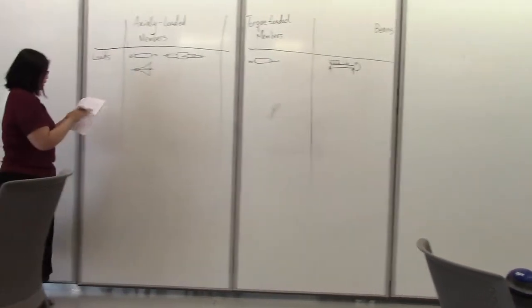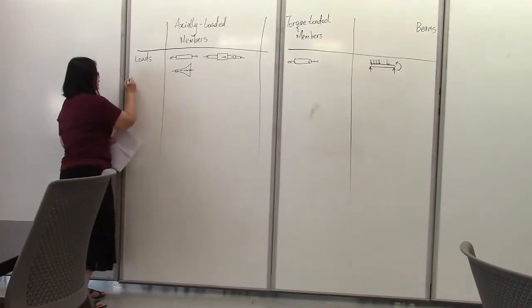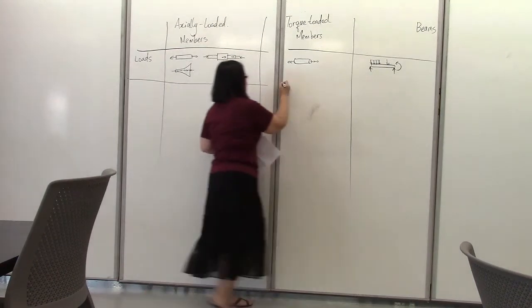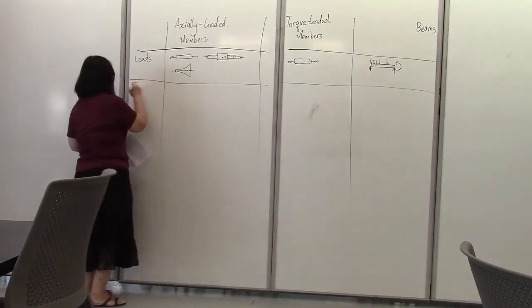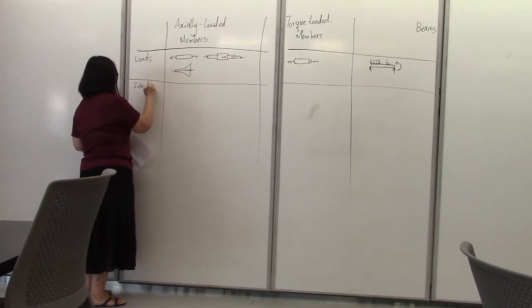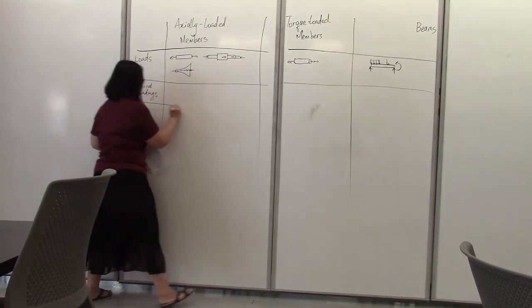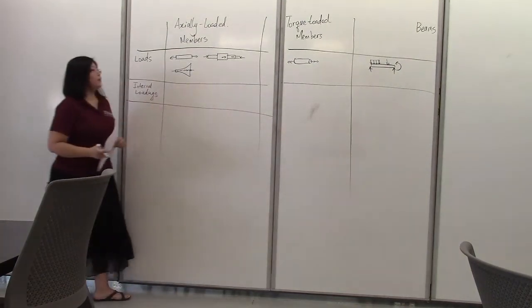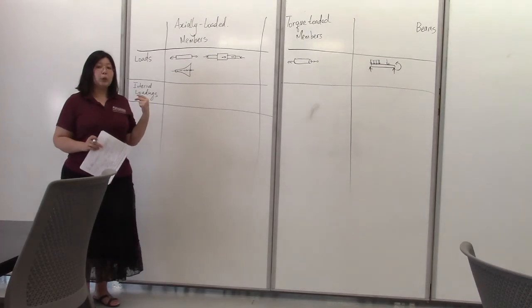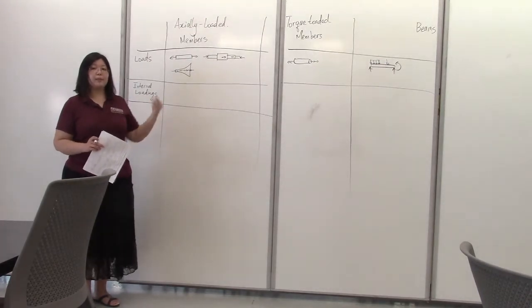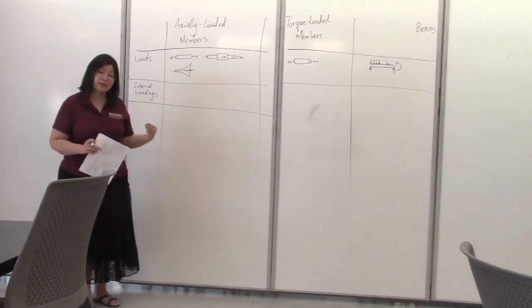Next, let's take a look at the internal loadings that are found on cross sections of these members. So for axially loaded members, the internal loadings that we're looking at would be normal forces that are perpendicular to cross sections of the members.